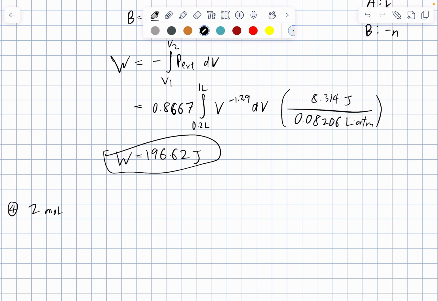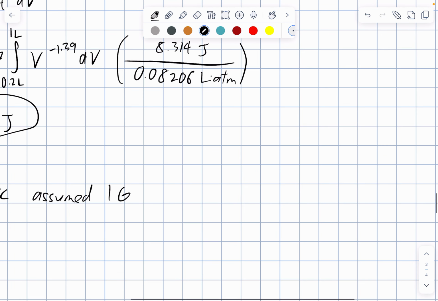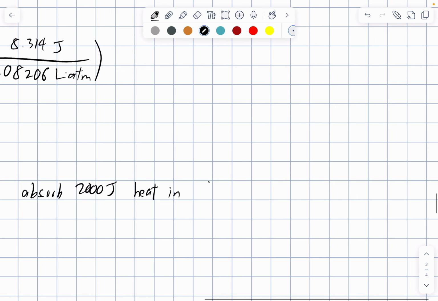So 2 moles of H2 gas initially, T1 equals 25 degrees Celsius, assumed an ideal gas, no? So it absorbs 2000 joules of heat in a constant pressure vessel.